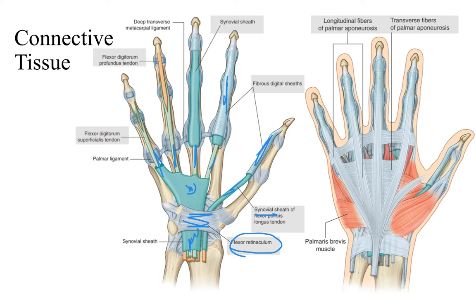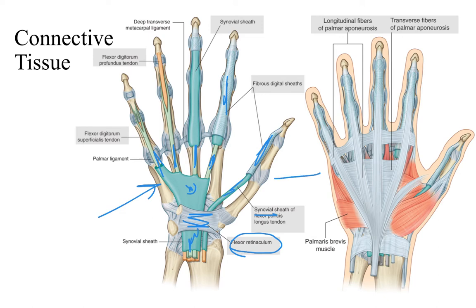So it's not like you just have tendons pulling on bones. They are in a very complex network of connective tissue that provides not only a functional ability to move the digits but also protection against damage to those tendons, to those cords that are causing the movement. All right, so this is the palmar view of the hand.